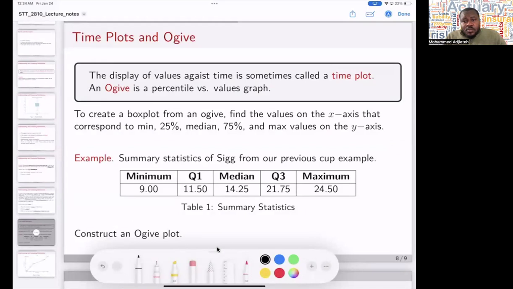Now we've already talked about the time plot when we drew the graph for the marriage. That is what I wanted to draw your attention to. So we've already discussed the time plot.